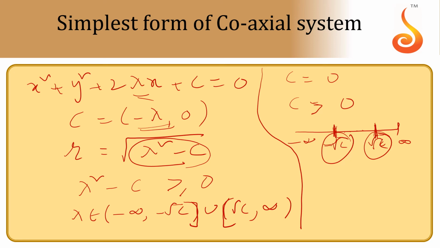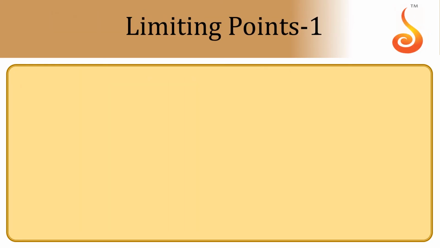Means they are two circles whose radius is 0. And I am saying those are the limiting centers. So limiting points. So can I define now limiting points as the point circles of the coaxial system?